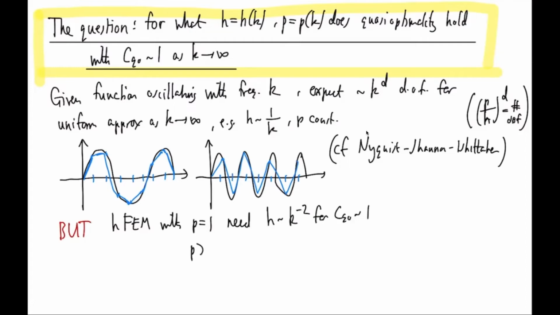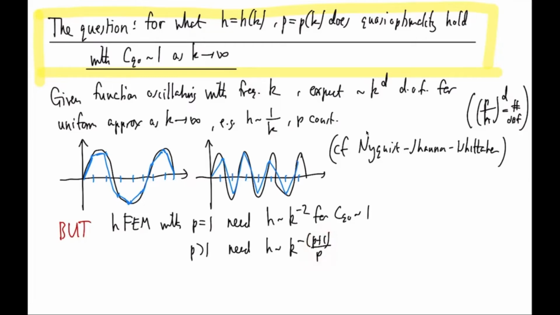And when p is greater than 1, I need h to go like k to the minus (p+1)/p. So as p gets large, this becomes close to 1, so you get close to this 1 over k threshold, but you don't get there.